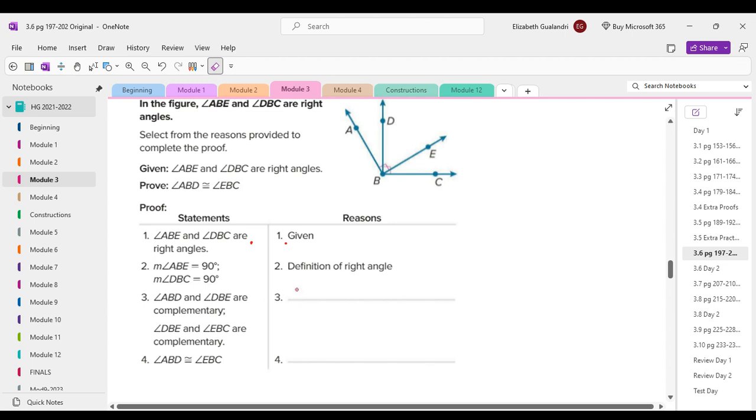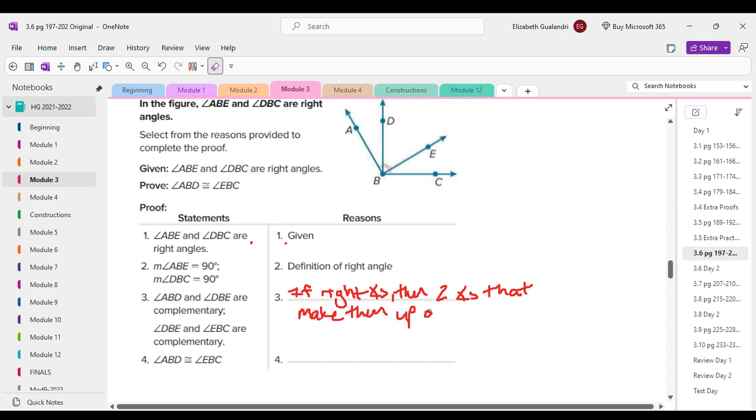And essentially that's just going to be, let's just throw this into an if-then statement here. So if right angles, then the two angles that make them up are complementary.